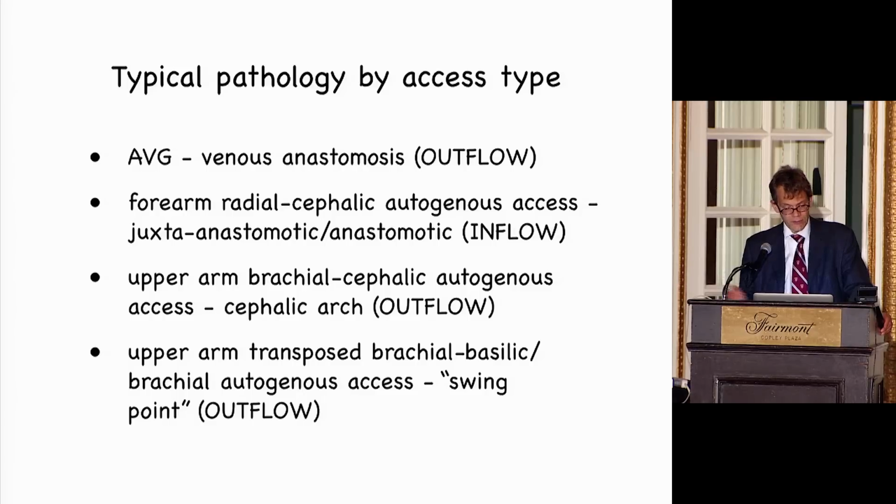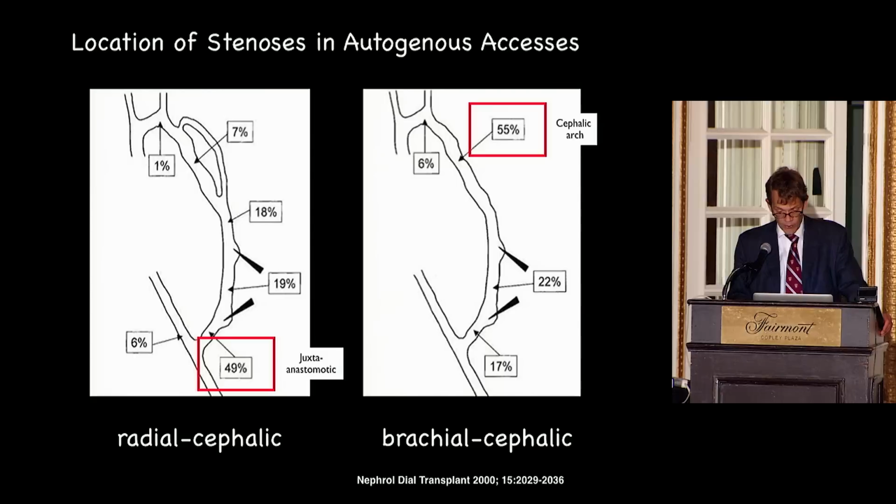We know it's the venous anastomosis. In the forearm, in order to get maturation and get the flow rates that we in the United States need, we have to treat all the juxta-anastomotic stenoses that are there. In other countries, that's not that necessary because you can be fine with 200-300 flow. And then obviously the transposed vein fistulas at the swing point.